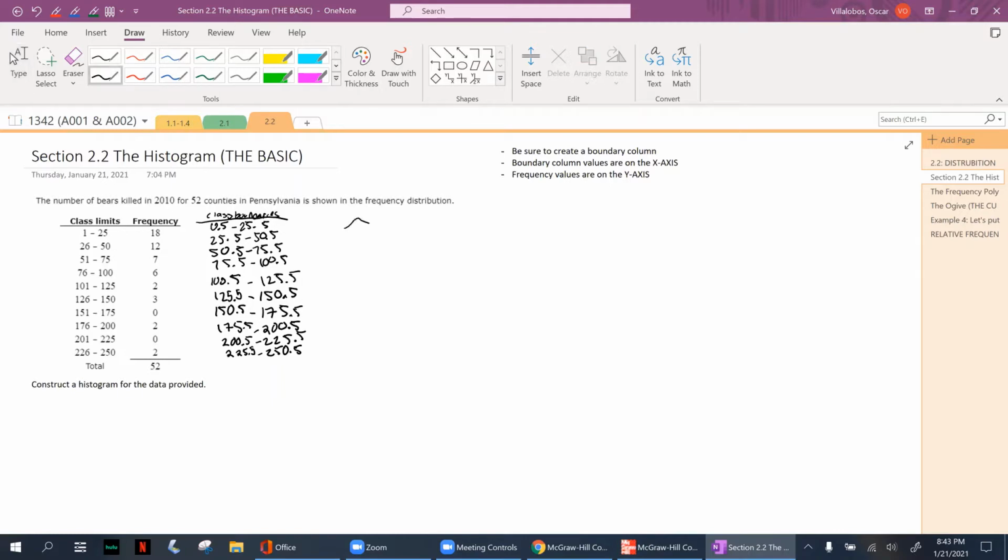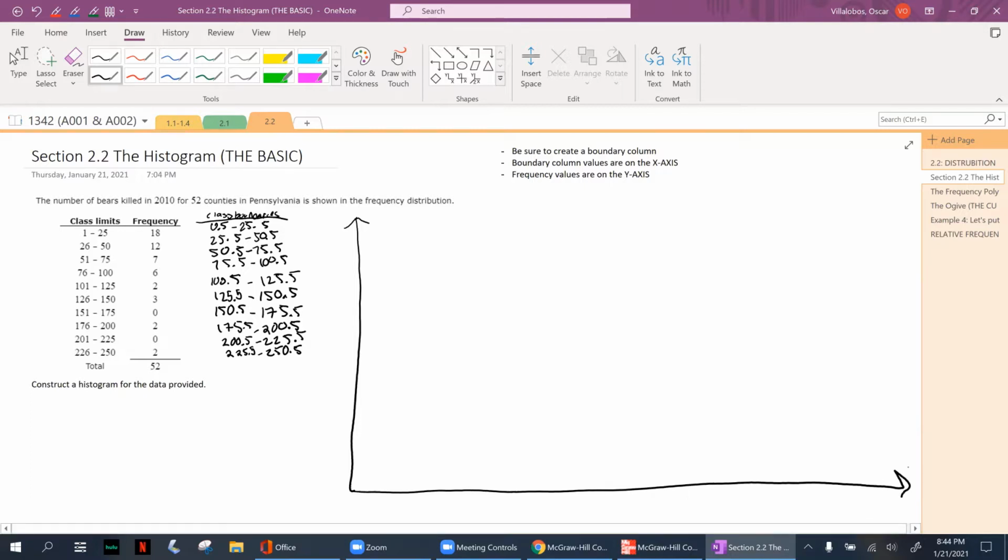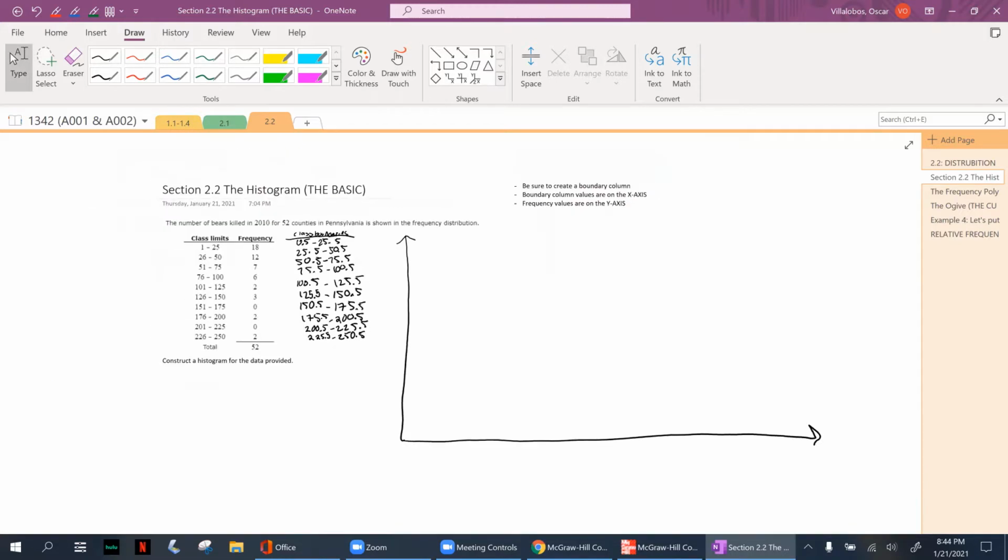So I'll call this my graph, and probably a little bit larger. Oh, no, let's do this. Your x-axis, I'm sorry.